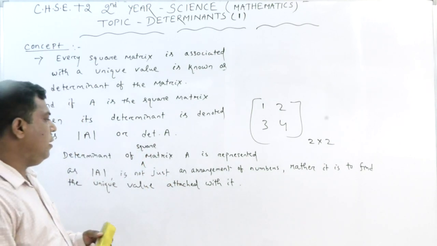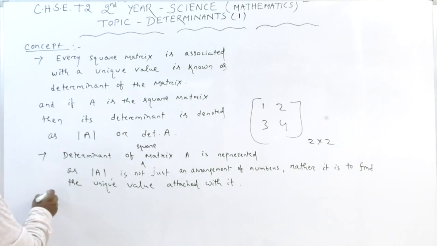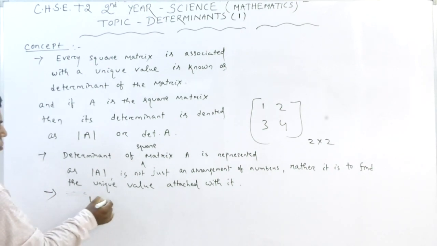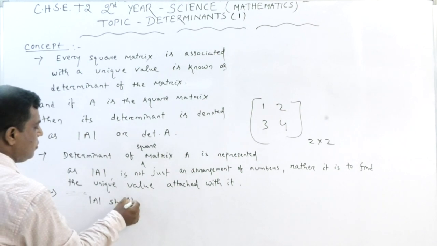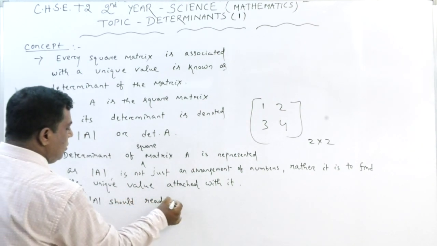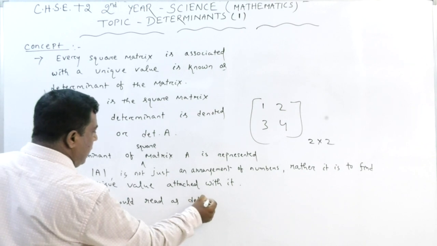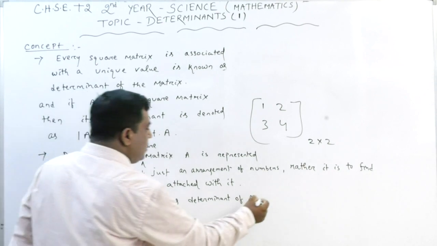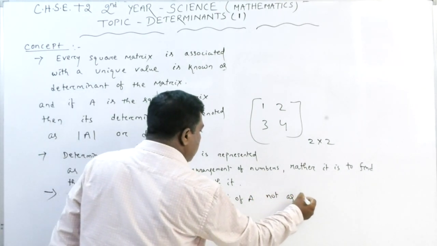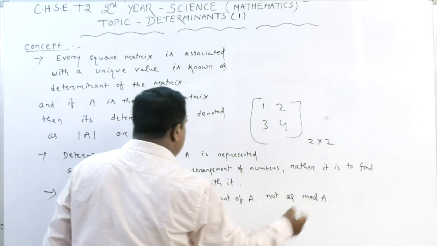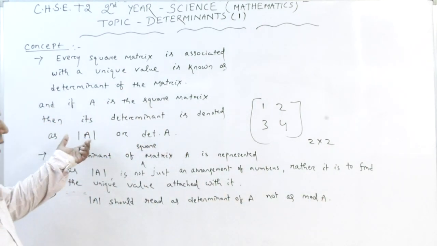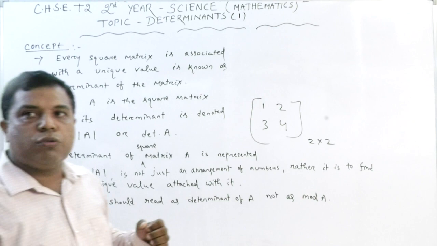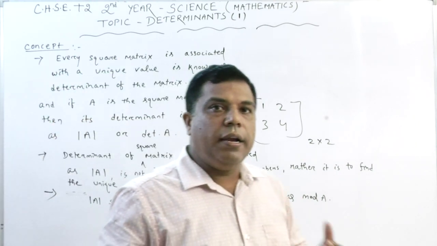With this I can give another note. The determinant of A should be read as determinant of A, not as mod A. Many students are reading it as mod A. It is not modulus, it is the determinant value.